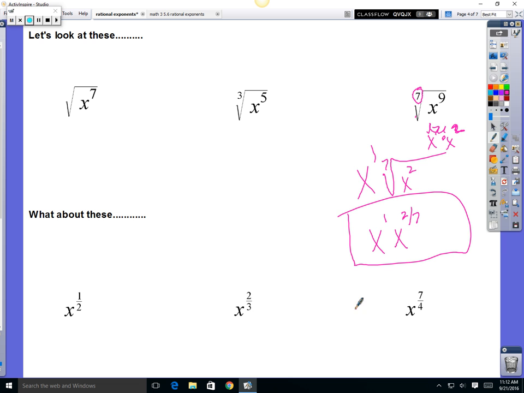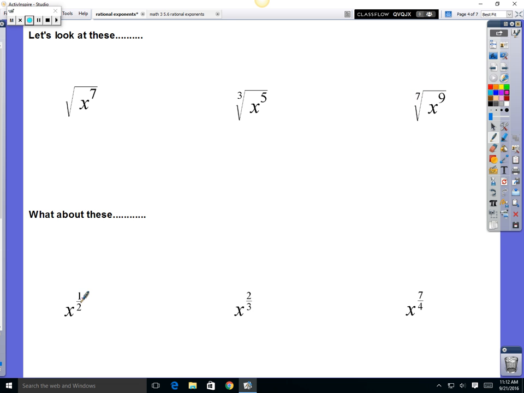Okay. So if you have x to the 1/2, that means you have x, 1, 2. If you got x to the 2/3, that means you have x, 2, 3. That means it's a cube root. This means it's a square root.